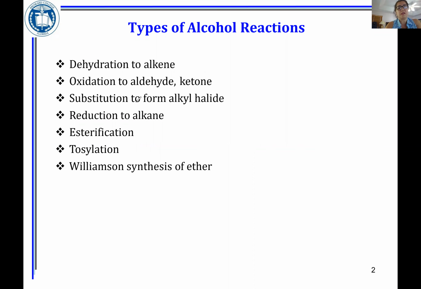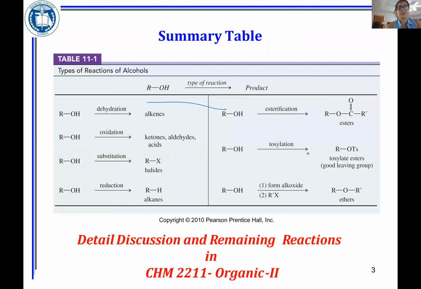I will go over each of these reactions. One is dehydration of alcohols. Then you have oxidation to aldehydes and ketone. If you oxidize primary alcohol, you would get aldehyde. Secondary would give you ketone. Then substitution to form alkyl halide, and reduction to alkane, and I will cover each of these reactions. So let's move to the next slide.